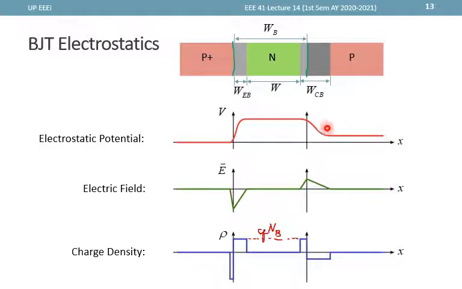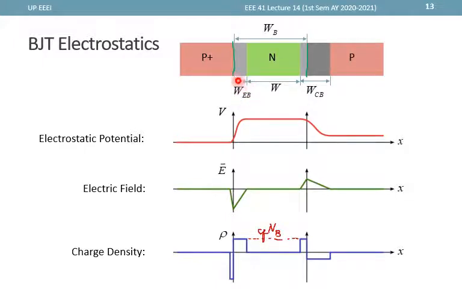So from the point of view of the end of the emitter and the end of the collector, there is actually some built-in potential. And also we note here W. So WB is the physical width of the base. W is the effective width of the base after subtracting the depletion widths on the base side at the two junctions.